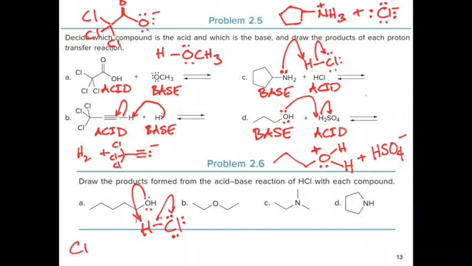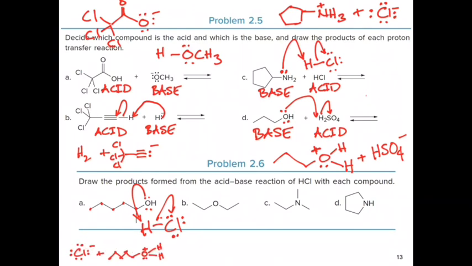So Cl with a negative charge plus, let's say we have 1, 2, 3, 4, 5 carbon atoms. And then the oxygen that's bonded to 2 hydrogen atoms with a lone pair of electrons and a positive charge. So that's for part A.